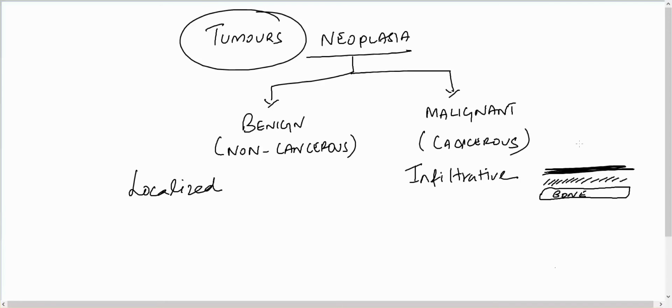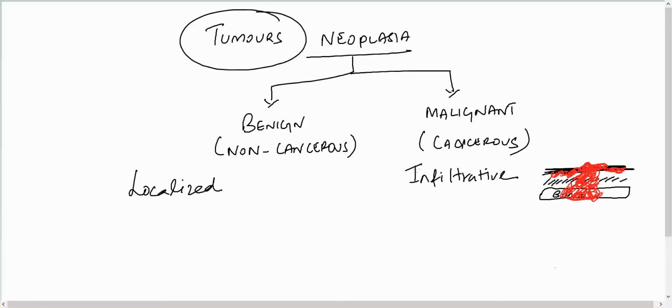If the tumor comes in the skin, it will be infiltrative, it will be invading, and it spreads. So that is infiltrative, and they also invade the muscle and bone. The tumor will invade the muscle and bone.